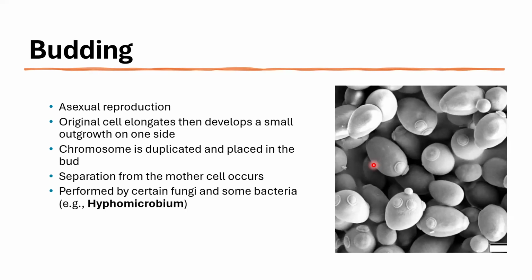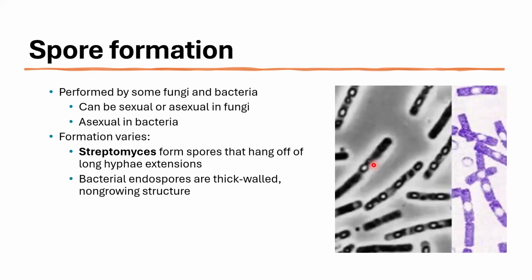It's not like a complete elongation and then like an equal sharing of size and components. But it is still a form of asexual reproduction. Now, you may also see some spore formation.